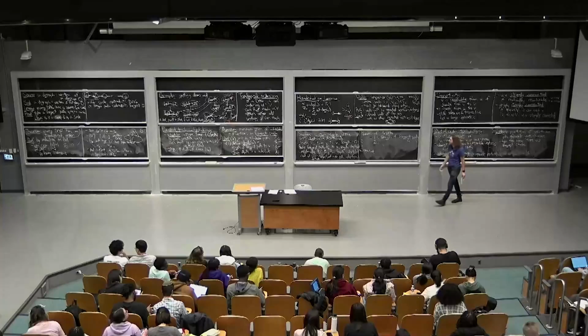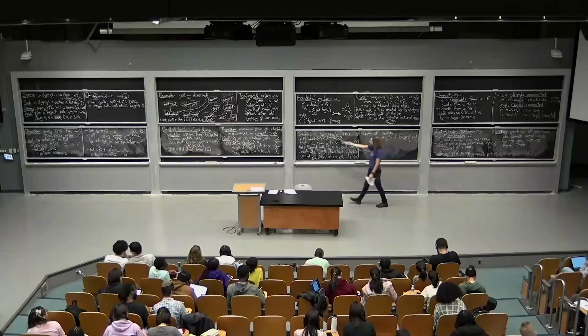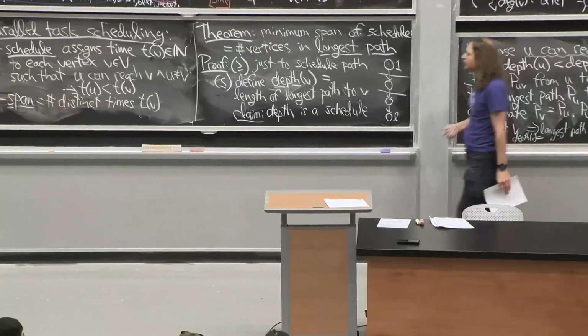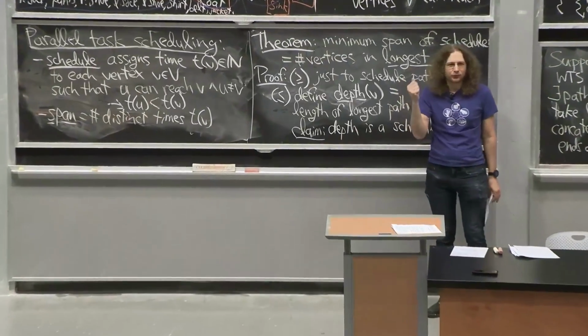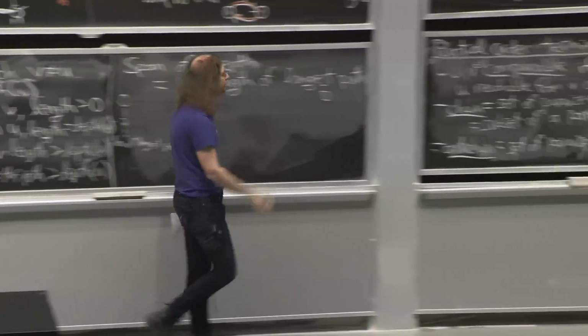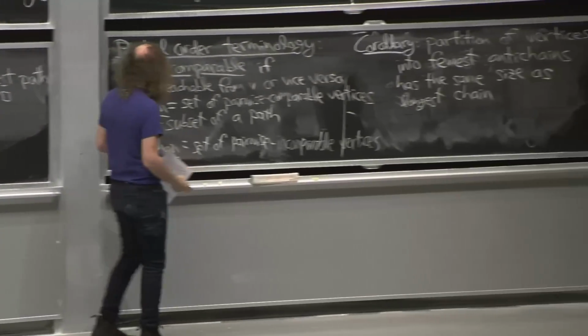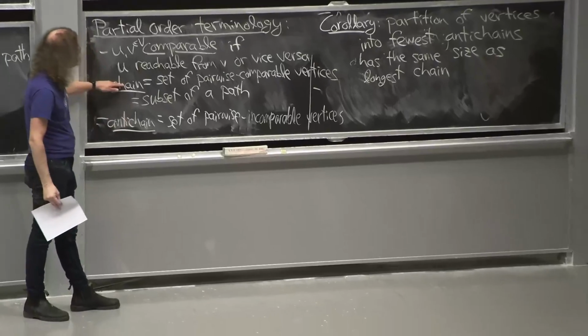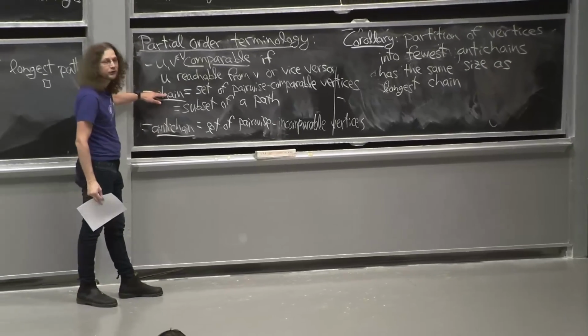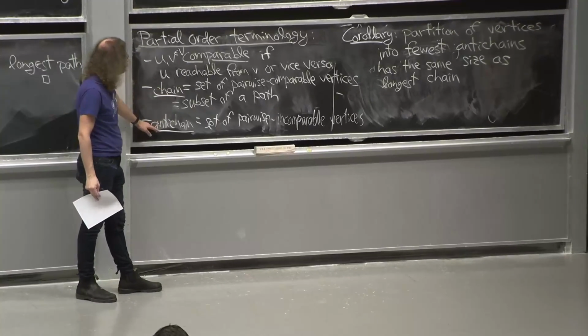Okay, the proof is exactly, you apply the schedule, and then your antichains are all the things I do at time 0, that's one antichain. All the things I do at time 1, that's another antichain. And so this is kind of a neat connection between, these are kind of dual notions. One, you want lots of comparisons possible. And the antichain, you want no comparisons possible.